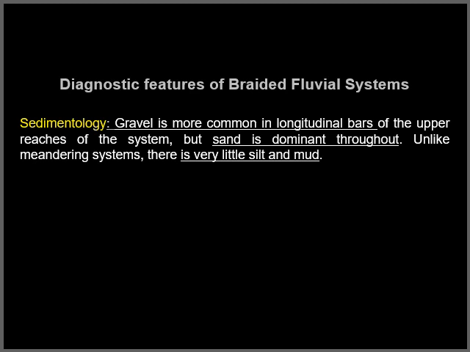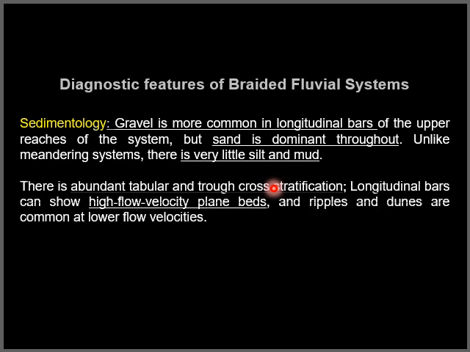To continue, in terms of sedimentology, gravel is more common in longitudinal bars, especially in the upper reaches of the system. Sand is dominant throughout, and there is very little silt and mud. There is abundant tabular and trough cross stratification, but for longitudinal bars, sometimes you find high flow velocity plane beds.